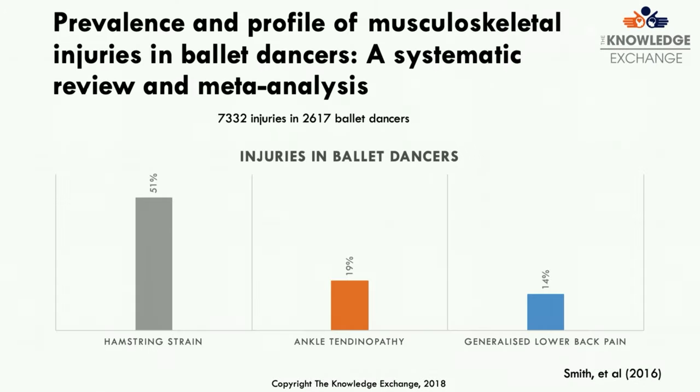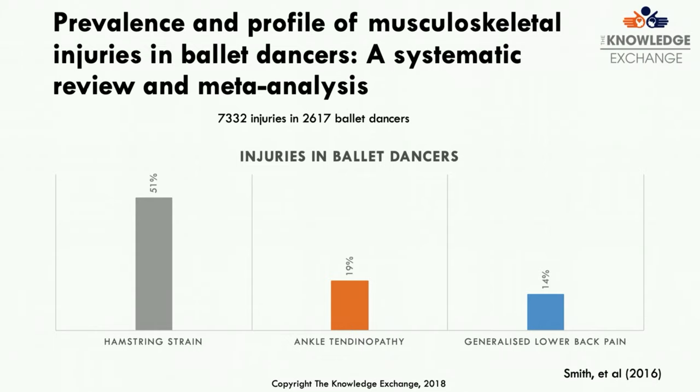Now let's have a look at a different population, ballet dancers, and the injuries that they commonly present with. If we look at the lower limb injuries that ballet dancers most commonly present with, we can see a big difference in the population compared to the runners that we saw on the previous slide. In a systematic review and meta-analysis by Smith et al. in 2016, 19 studies were reviewed, reporting over 7,000 injuries in over 2,500 ballet dancers.